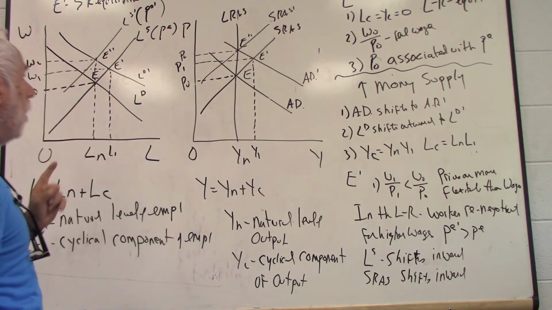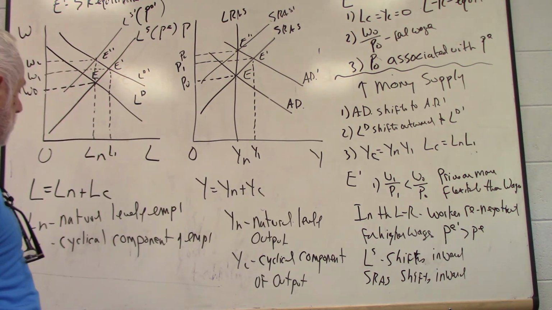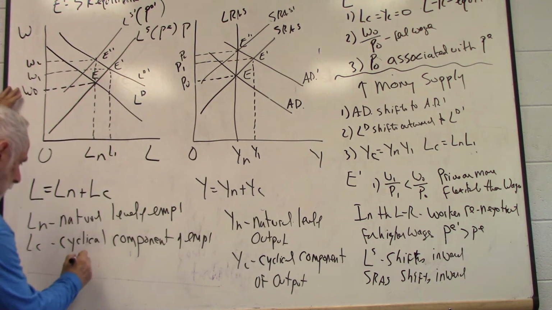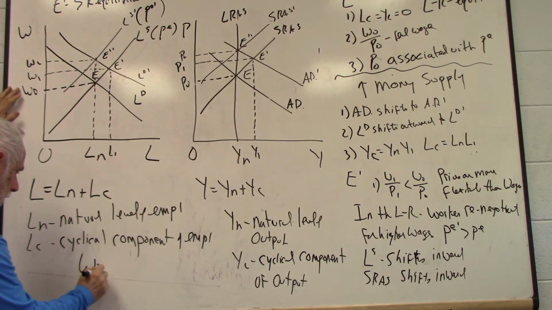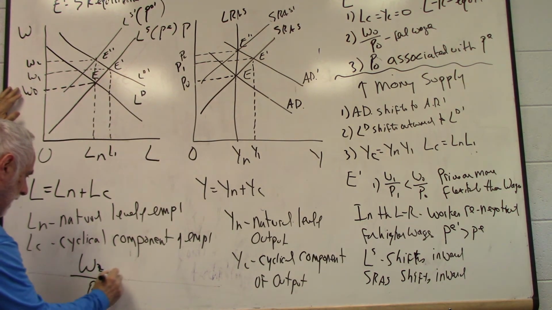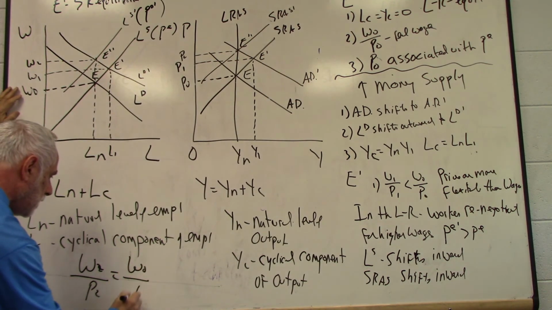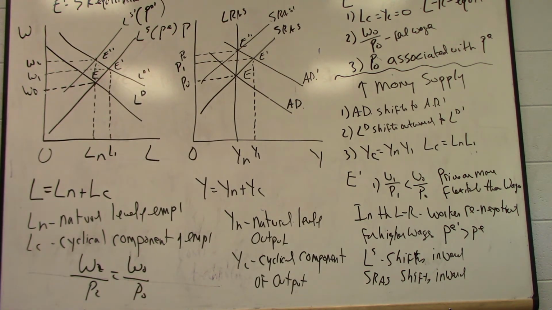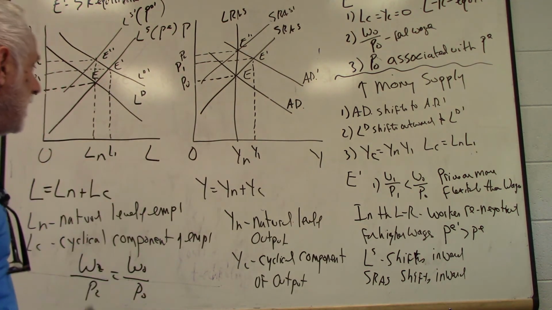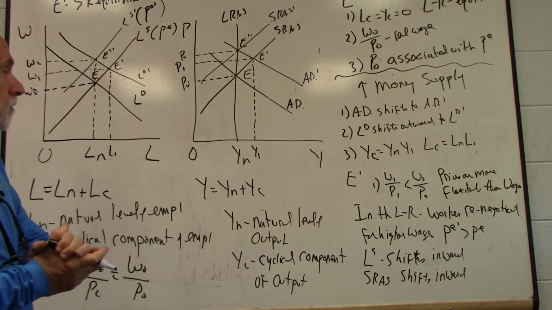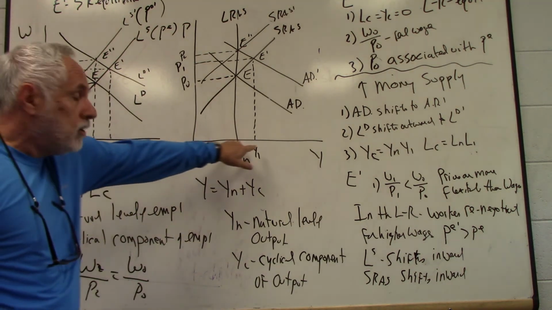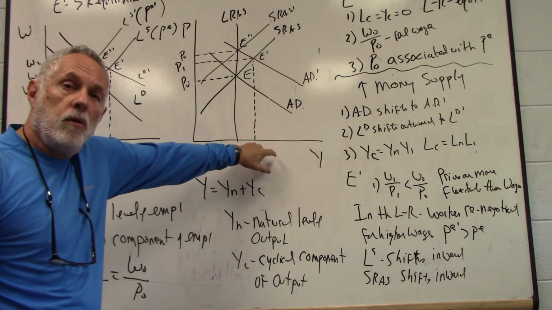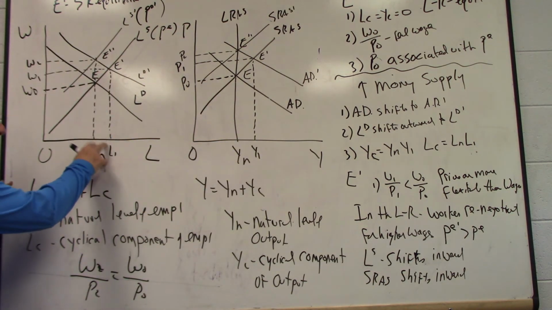And what we argue is that W2 over P2 equals W0 over P0. What this suggests is that when you increase the money supply, there will be a temporary increase in output from YN to Y1, and also at the same time, a temporary increase in employment.